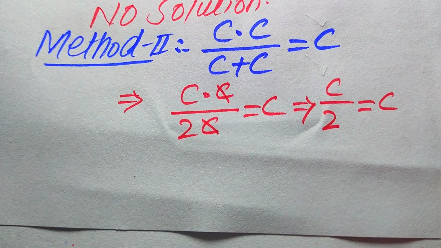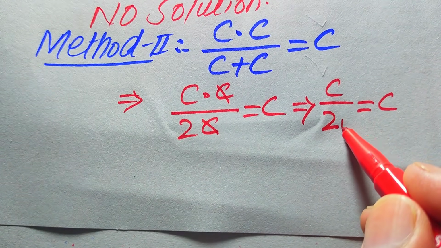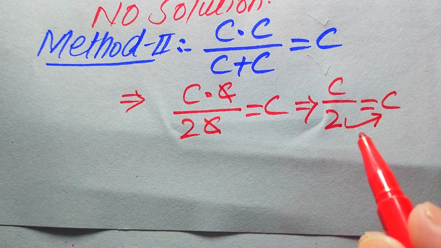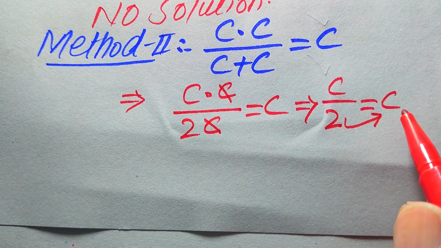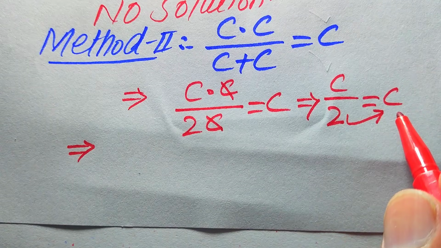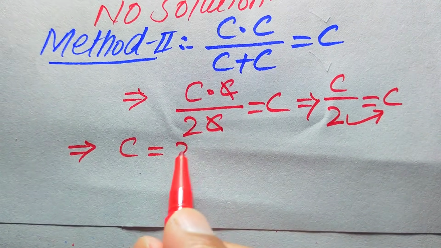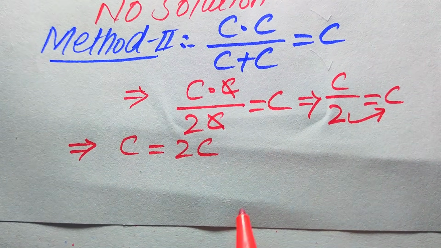So here our target is to get the values of c. So for this we need to simplify both of these sides, and now we move this value 2 to the right hand side. It is divided by 2 here, so when we move it to the right hand side it is multiplied by c, and we get c is equal to 2 times of c.